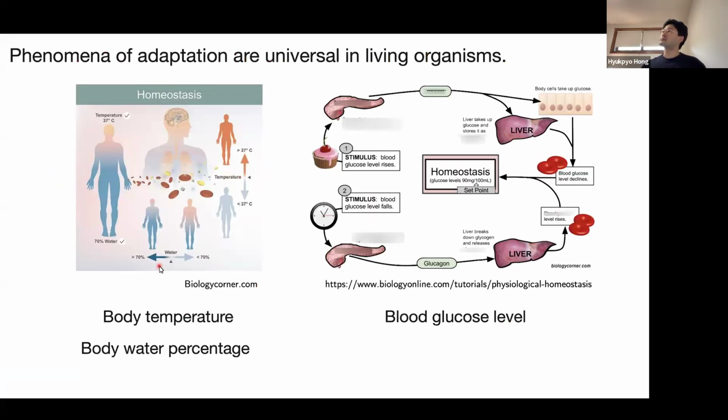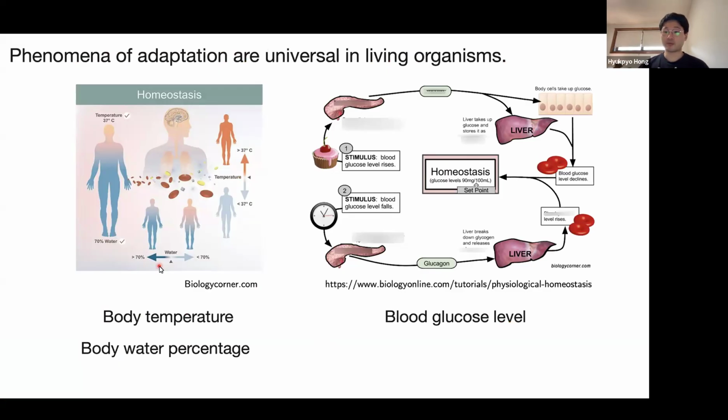In this talk, I'm going to talk about the phenomena of adaptation or homeostasis in general. The phenomena of adaptation in biological systems are universal, so we can observe them a lot here and there.